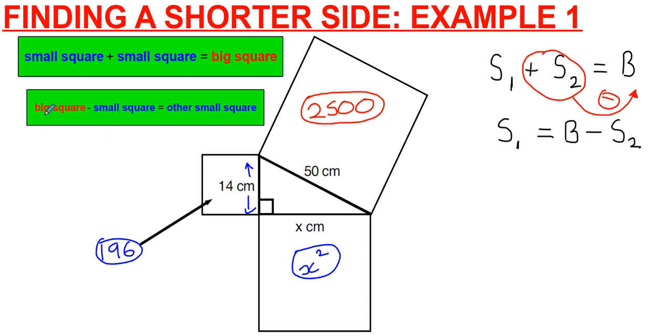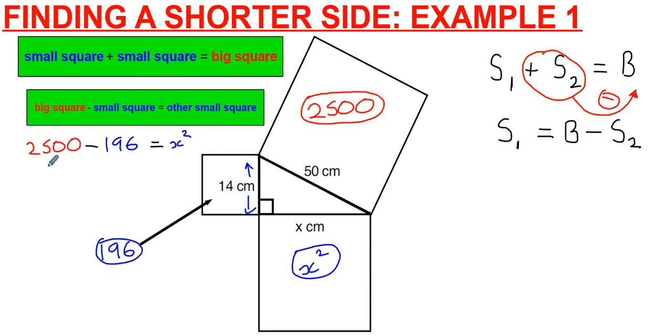And so just using this formula here, so the big square, 2,500, minus the small square we do know, 196, that equals the other small square, this one here, which is x squared.